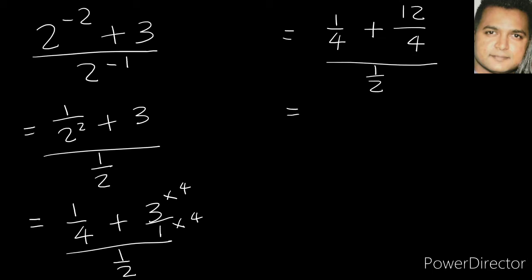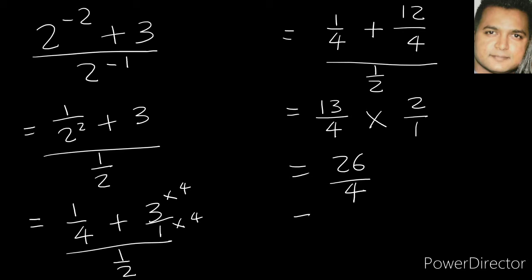So we'd have 13 over 4, and we can invert this and make it times 2 over 1. So we'd have 13 times 2 is 26 divided by 4, and then our final answer would be 13 over 2.